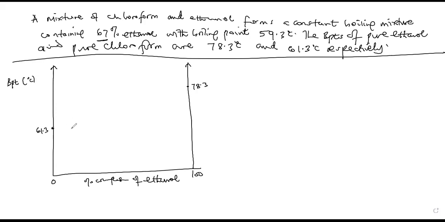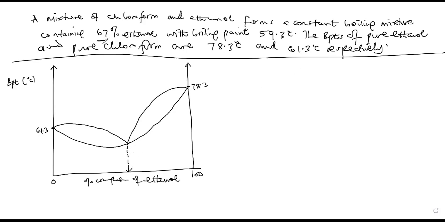So you realize that for this case, it will reduce, then increase. So you'll have something like this. At this point, that is where we are forming our azeotropic mixture.